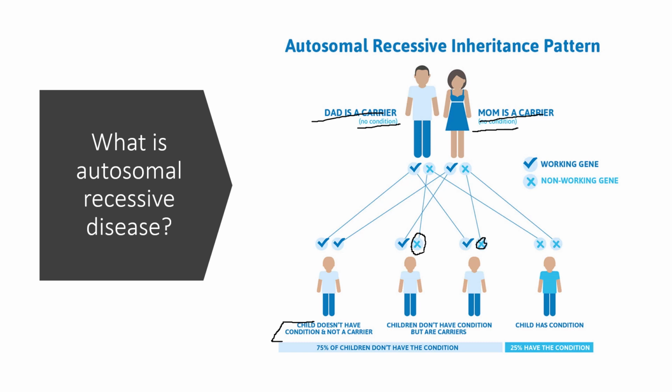Now talking about the fourth child, this child has a condition, because both the autosomal genes, which are defective and mutated, are transferred to this child. So this child has the disease. So you get a ratio of 3 to 1.